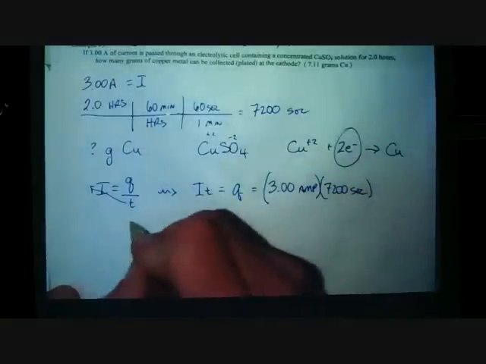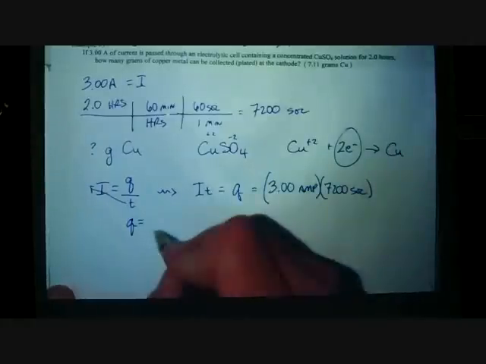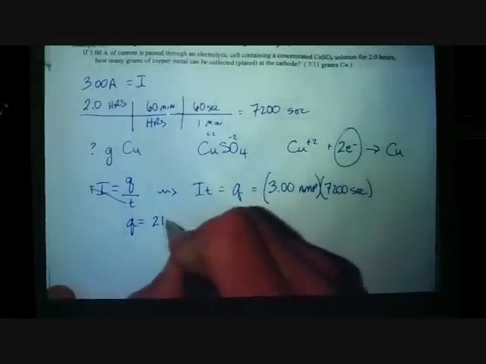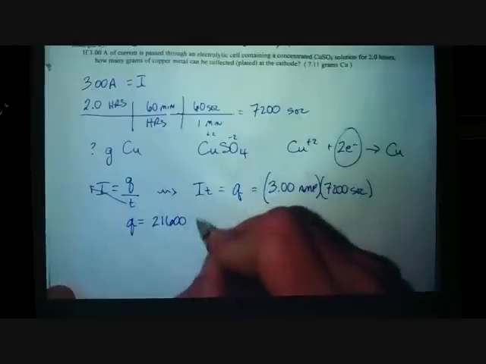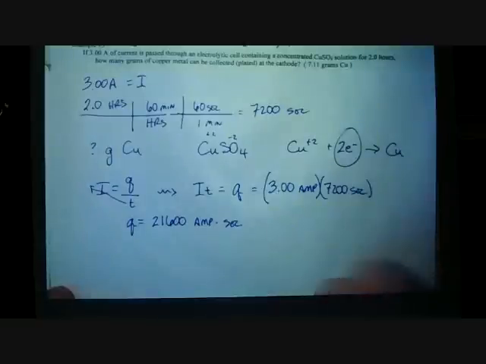So my Q is, what is that, 21,600 amp seconds, or coulombs. Doesn't matter which way you go on that.